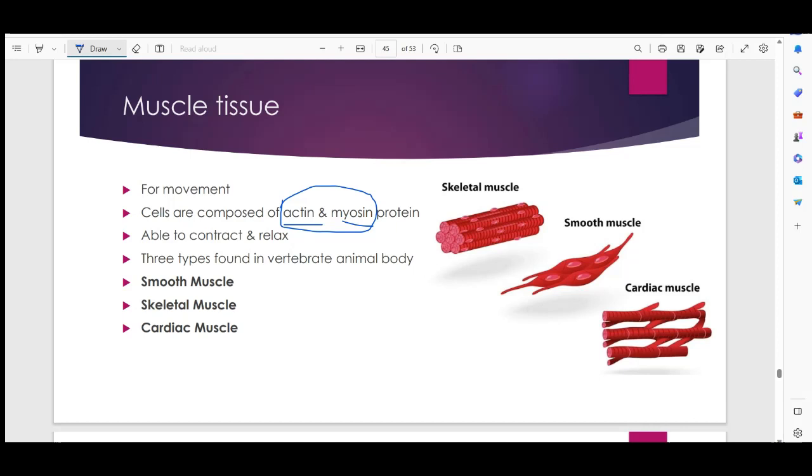If they ask what the contractile proteins related to muscle tissue are, you have to mention these two. In this animal form and function section, they don't mention the word contractile protein. Even though it is not mentioned in this unit, you've already learned it in unit 2, so they can combine those two units and ask questions about it.